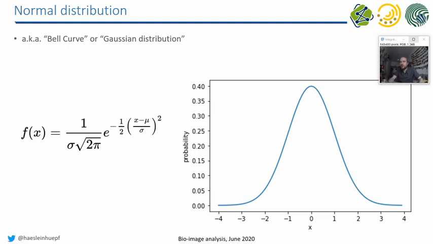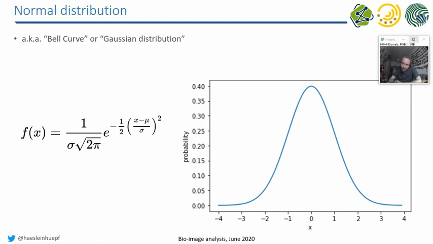So we are measuring something which results from a statistical process like throwing a dice or measuring a property of a cell. And we know that these measurements are surrounded around a given mean, and we know that these measurements are deviating from the mean with a given standard deviation.